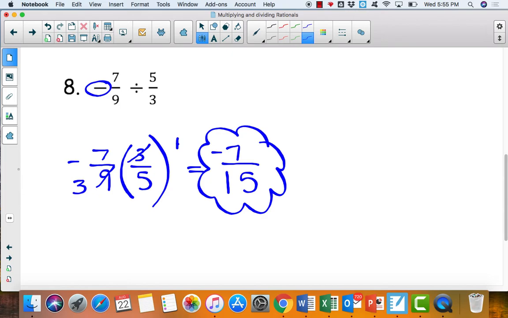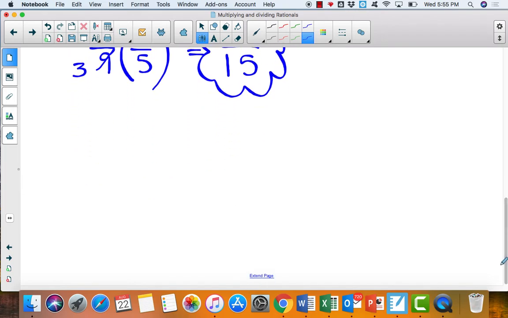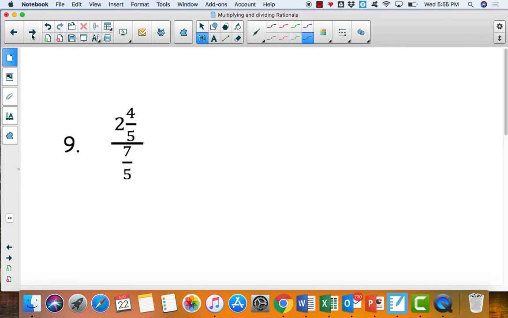Okay. Last one. Number 9. Oh my goodness. Dividing fractions. Well, this looks like a hideous fraction, but you have to remember what this means. This bar right there means divide. So I could rewrite this problem as 2 4/5 divided by 7/5.